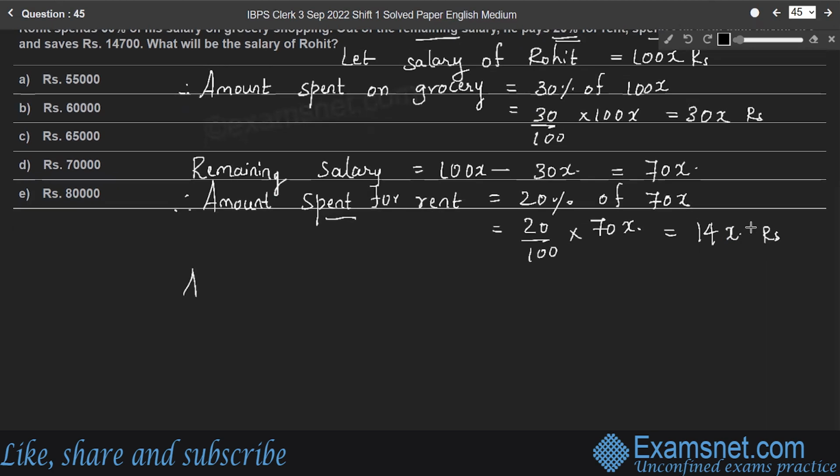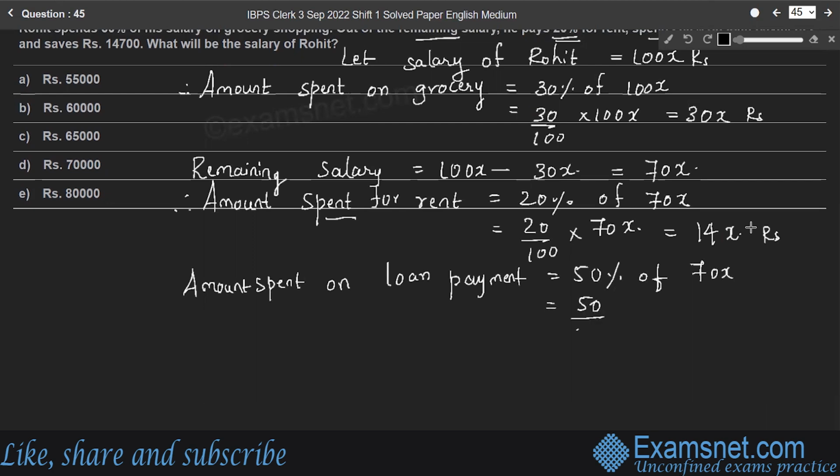Therefore, the amount spent on loan payment is 50% of the remaining salary, that is 70x. So 50 by 100 into 70x, which is 35x rupees.